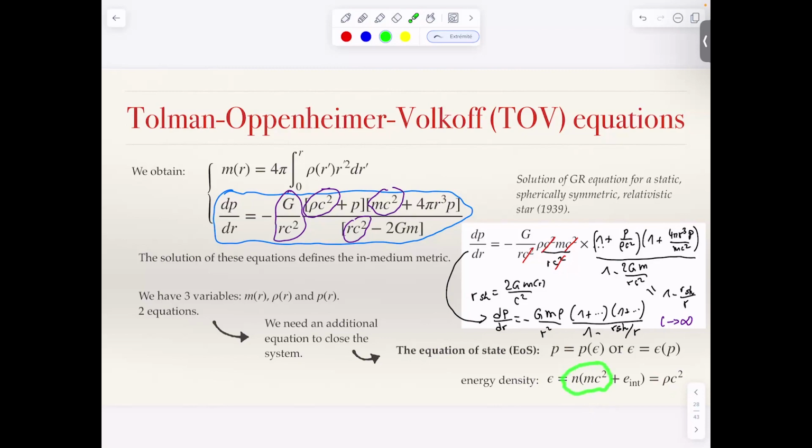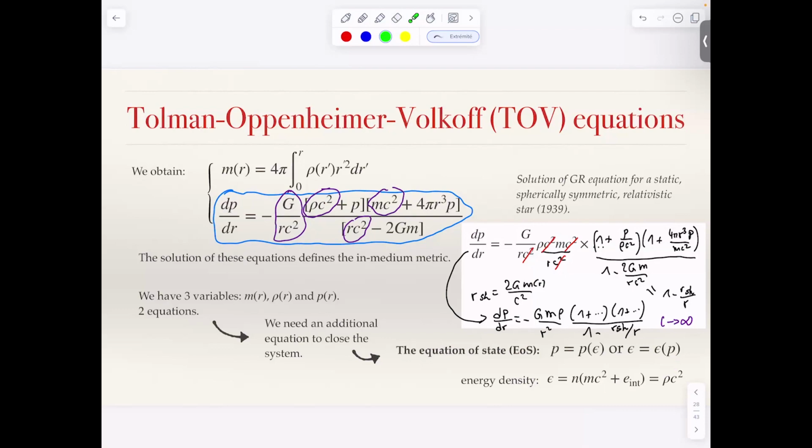But now you know that mass and energy are similar quantities, and in general relativity what we call a density does not include only the rest mass contribution, but also the internal energy.